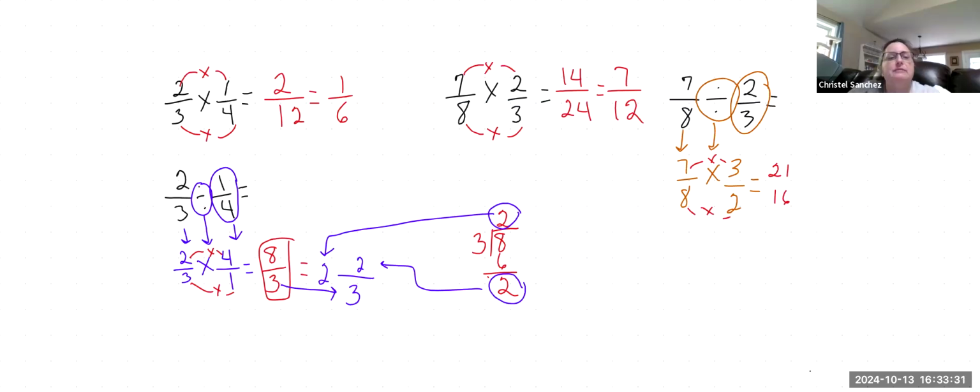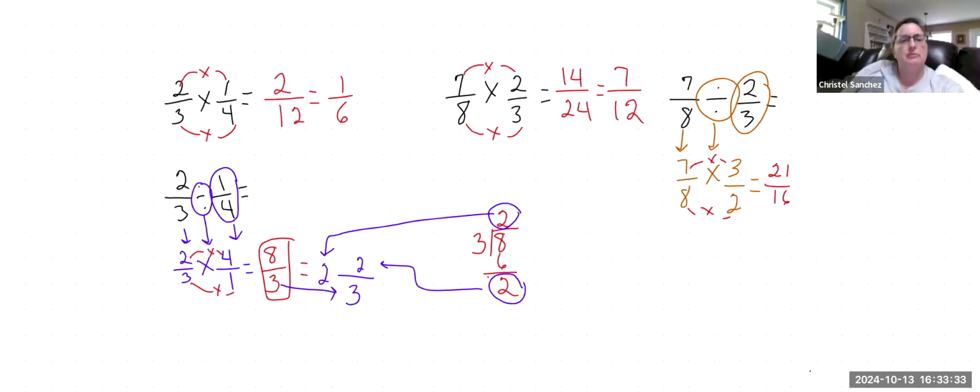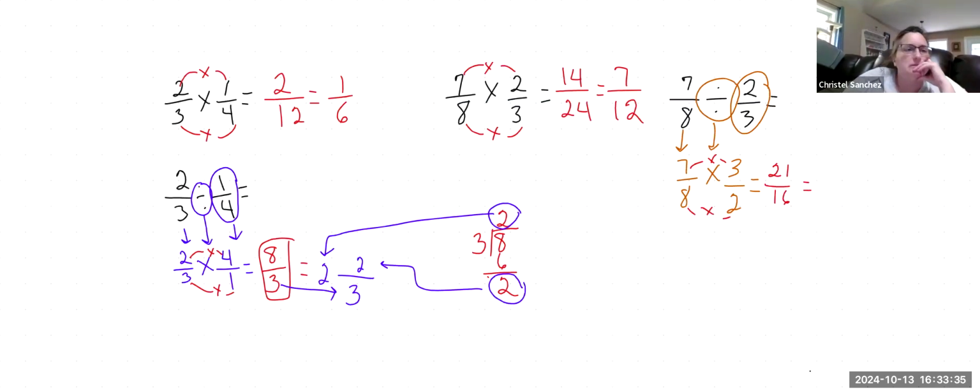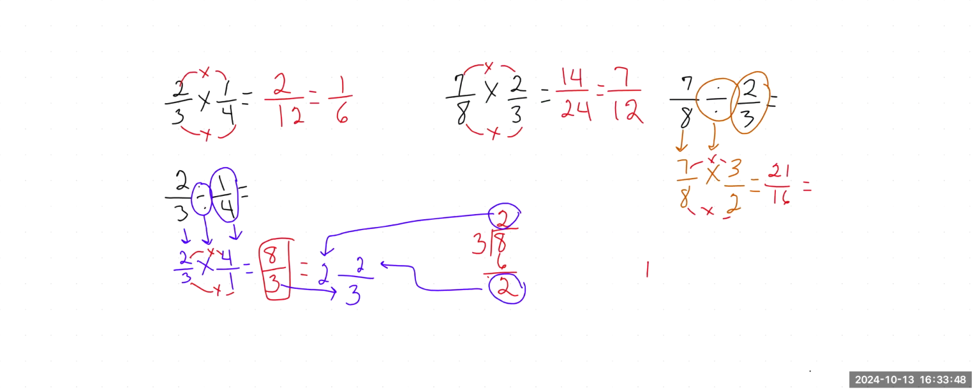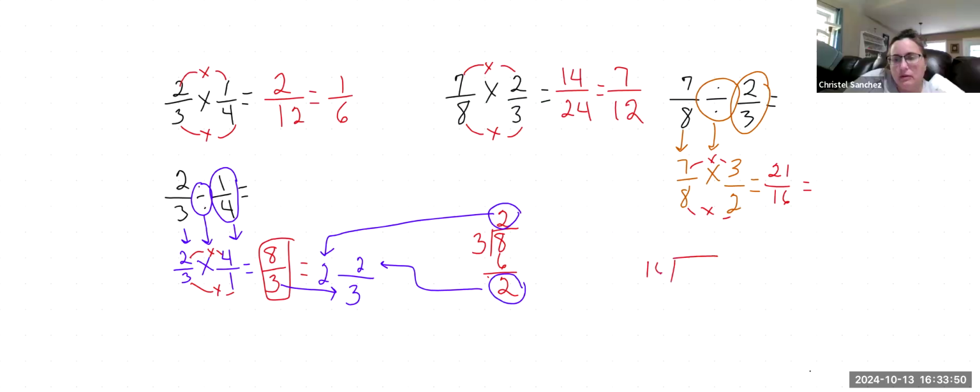So can I leave this as an improper fraction? No. So 16 goes into 21 how many times? One time. So it goes in there 1. 1 times 16 is 16, and I have 5 left over.